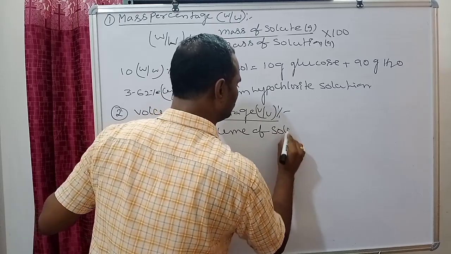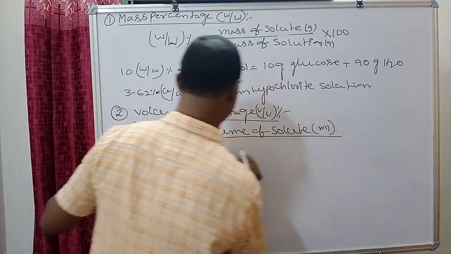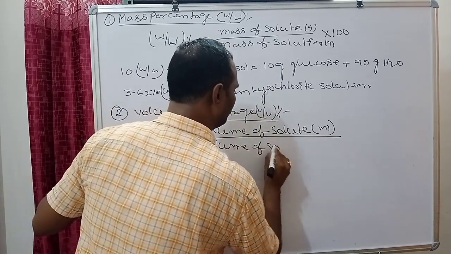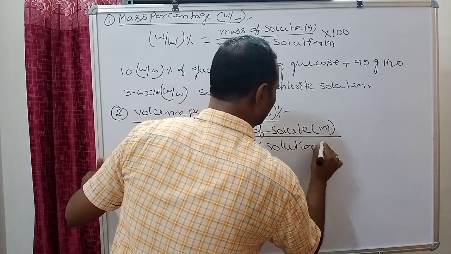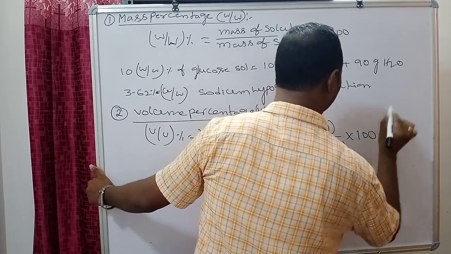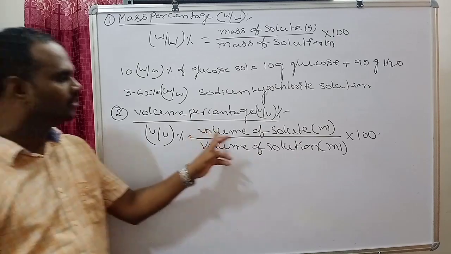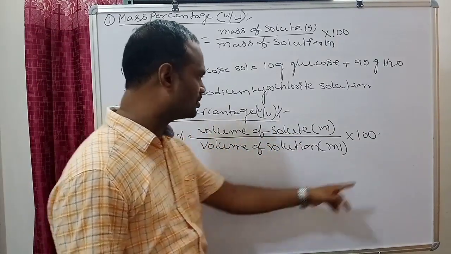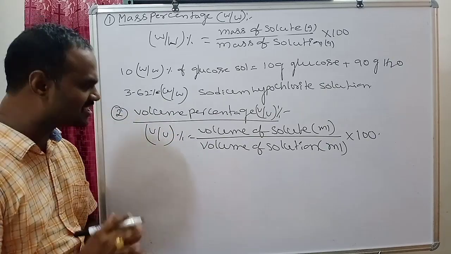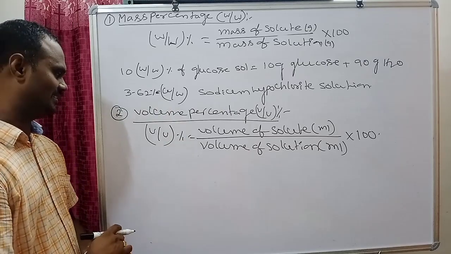Volume of solute in milliliters by volume of solution in milliliters into 100. How many milliliters of solute are present in 100 ml of solution is called volume percentage.